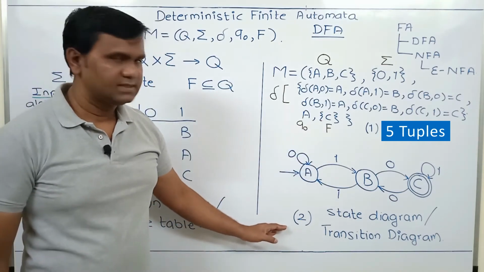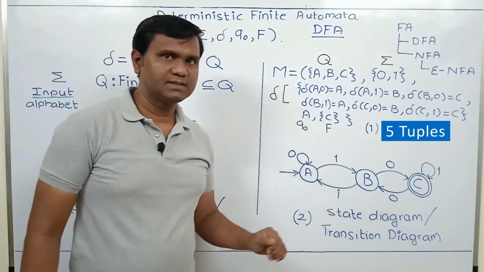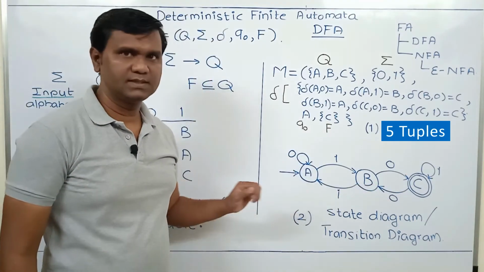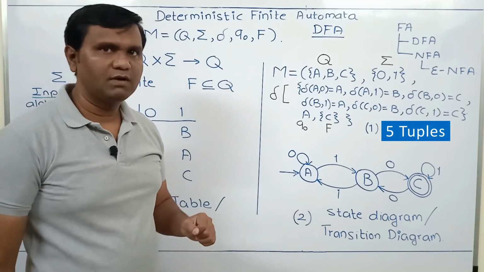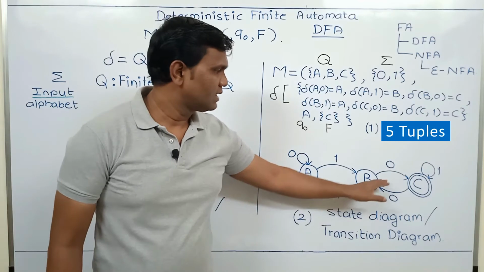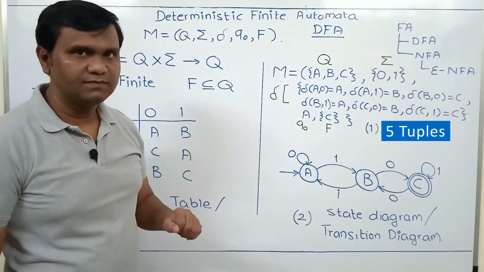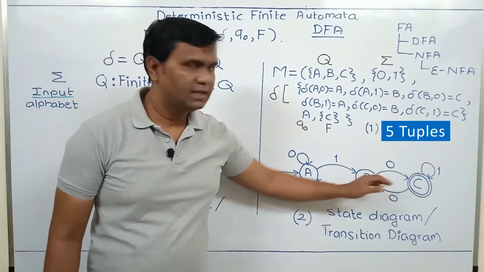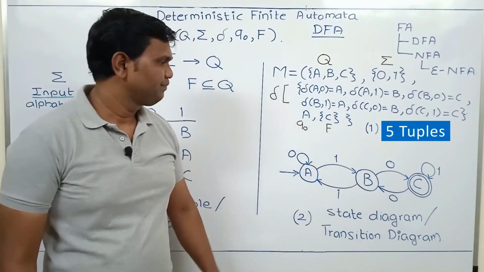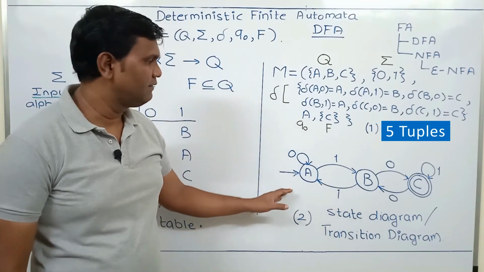Let's take a look at the state diagram. A, B and C, these are states. They are indicated using circles. Input alphabet contains 0 and 1. Each state handles transitions of 0 and 1. Now for the transition function, these arrows indicate the transitions and all the transitions together will be the transition function of this DFA.